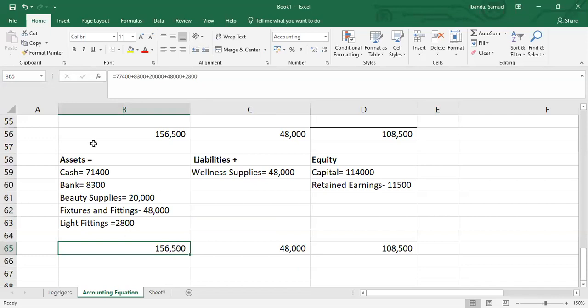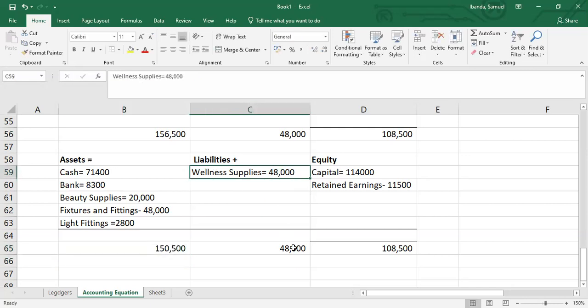Now, when you're doing the asset equation, it will affect two items in your accounting equation. So here, I'll try to re-add up. This has now become 7,400 plus 8,300 plus that. Wellness remains the same. Now this has changed.